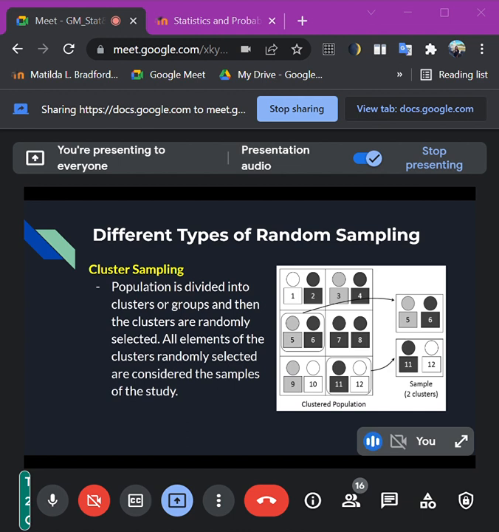So which do you think is the most basic random sampling used in class or any group activities or in the community? Is it the simple, the cluster, the systematic, or the stratified? Any idea?